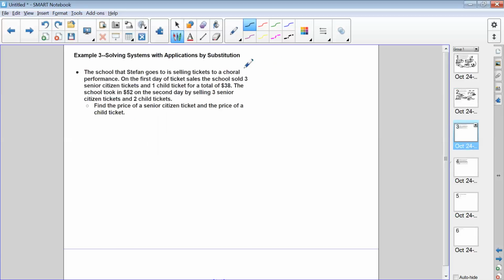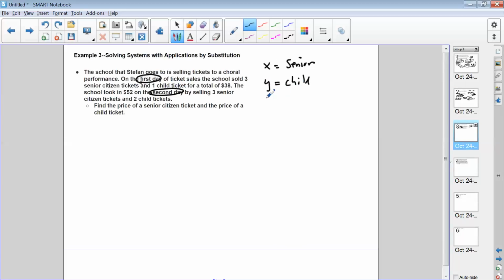Looks like there's Stefan selling tickets at the school, and they've got a first day and they've got a second day. So it looks like x would be your senior citizen tickets and y would be your child tickets.